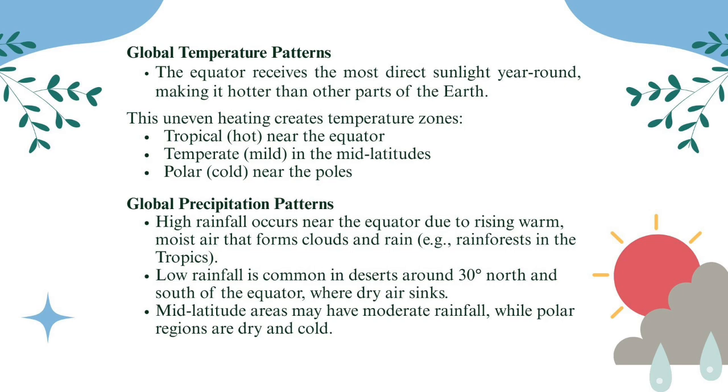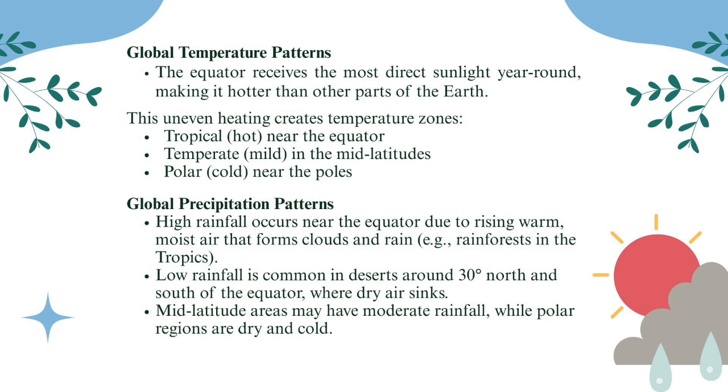First, we have tropical zones, or hot, which can be found near the equator, experiencing year-round heat. Second, we have temperate zones, or mild, found in the mid-latitudes with seasonal changes. For the polar zones, or the cold areas, these are found near the poles, experiencing extreme cold most of the year.